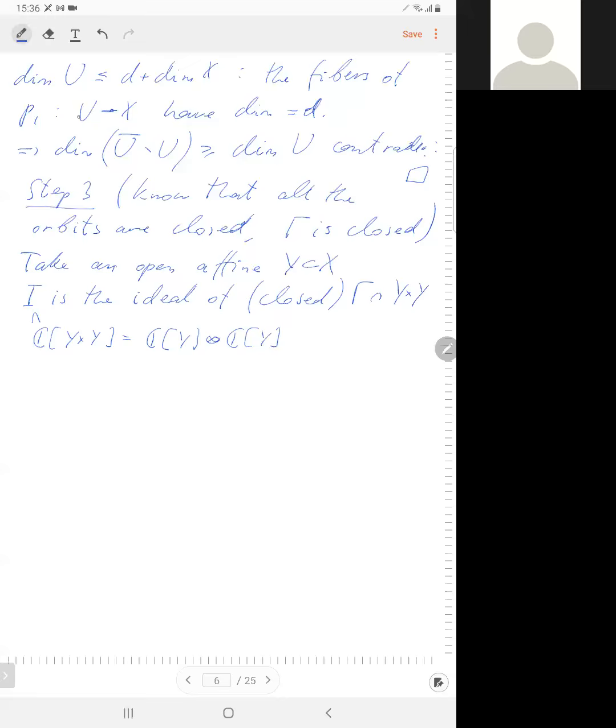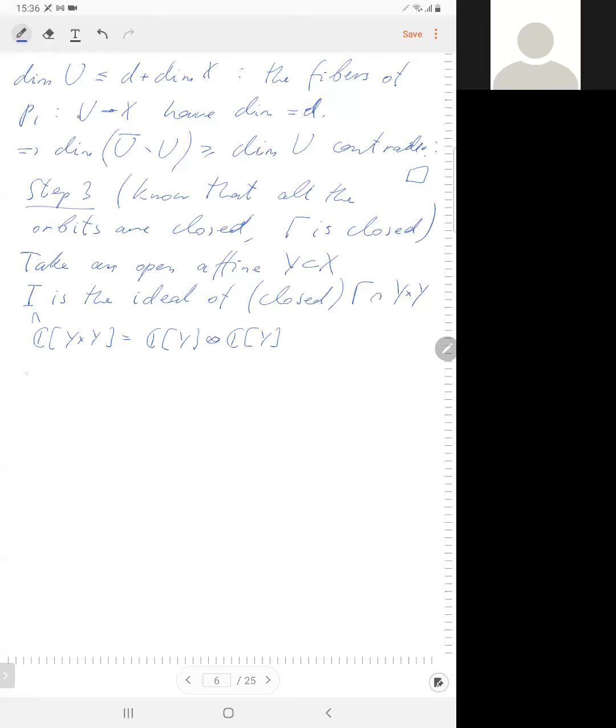Okay, and now there is no action of G on Y, but there is a rational action of G on Y, right? Because rationally Y coincides with X, and we're going to use this.